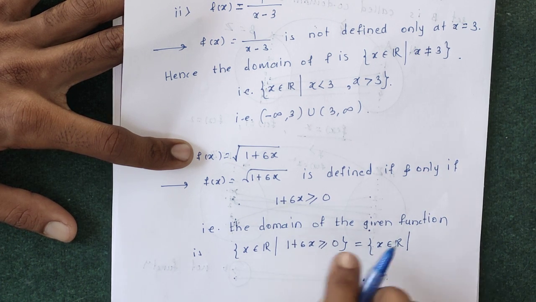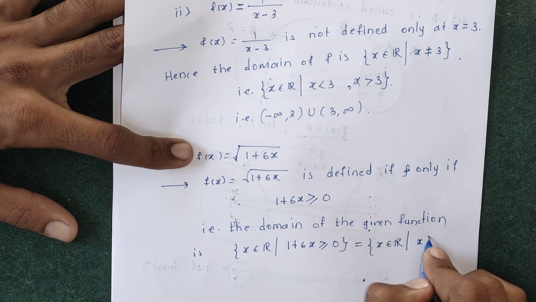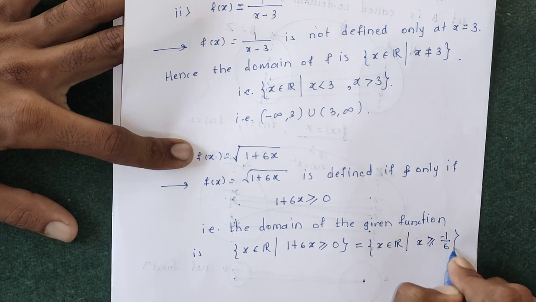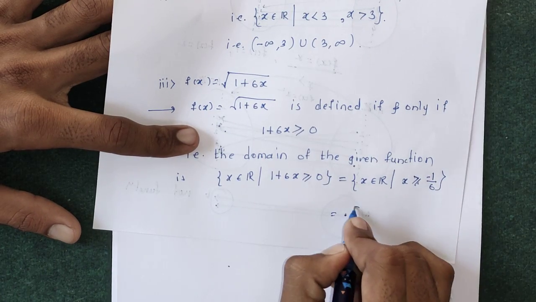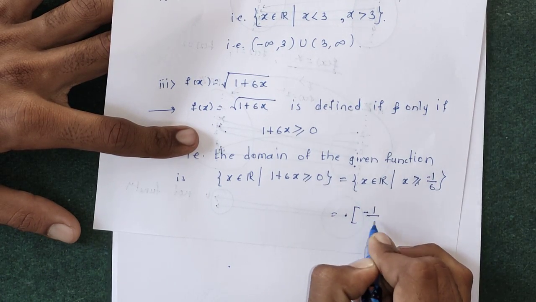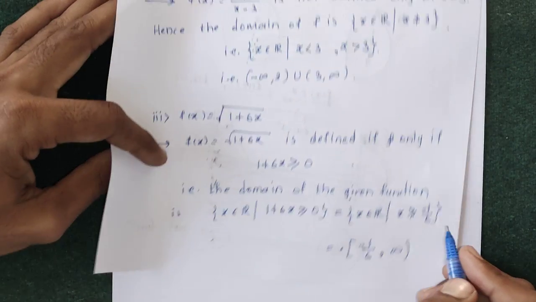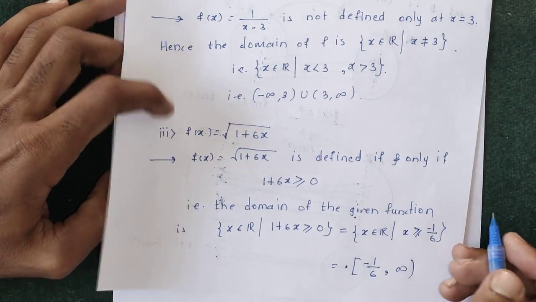So x is greater than or equal to minus 1 by 6. This can be written as minus 1 by 6 to infinity. The domain of the given function is minus 1 by 6 to infinity.